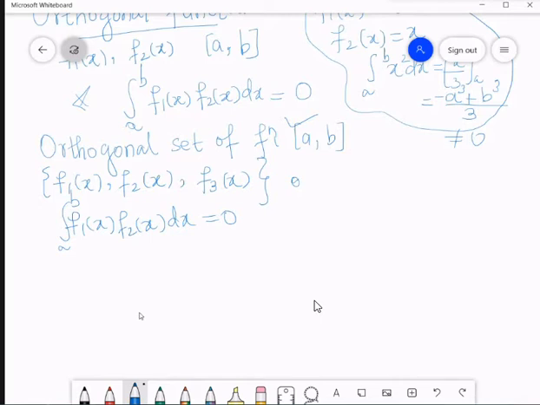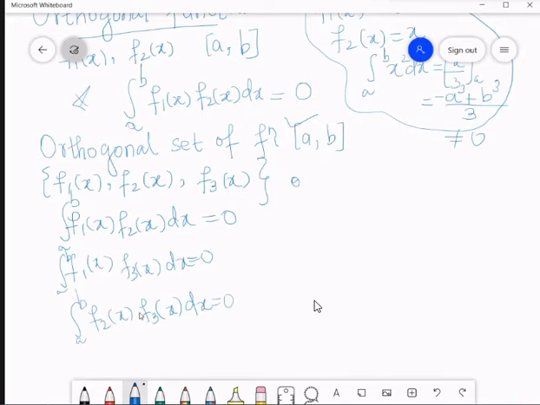So f1 of x into f2 of x should be 0, f1 of x and f3 of x should be 0, and similarly f2 and f3, integrated from a to b.